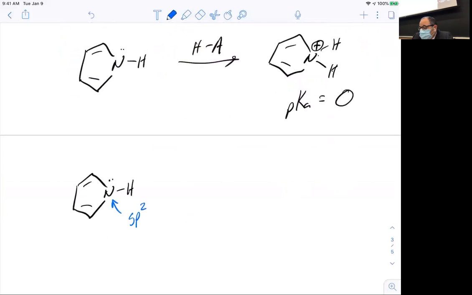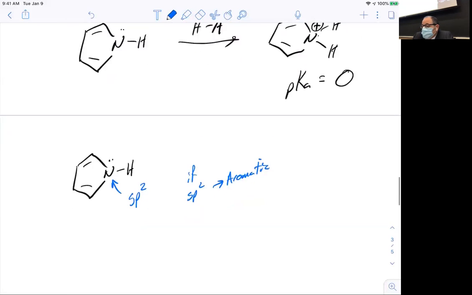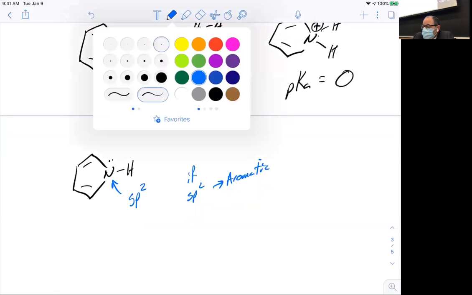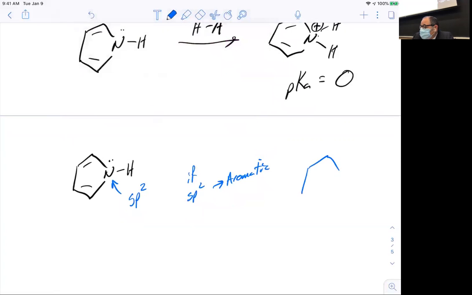It's sp2 because if it is sp2, then it's aromatic. So if we think about this species, if all of those atoms are sp2, then what we have is a continuous ring system, or continuous pi system.